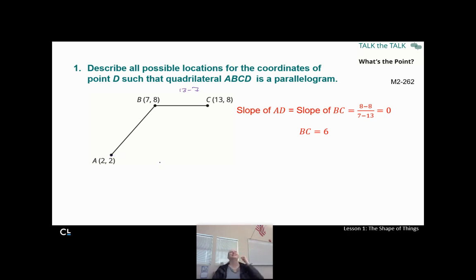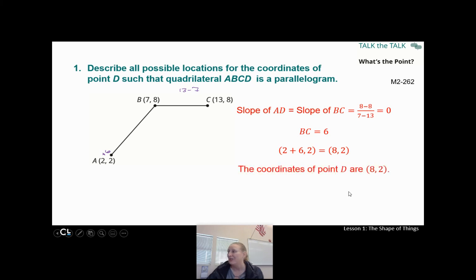If I'm moving 6 units to the right, I just need to add 6 to my x coordinate. 2 plus 6 is 8. And we're not going up or down at all, so that y coordinate is staying the same. So the coordinates of point D that would make this a parallelogram are (8, 2).